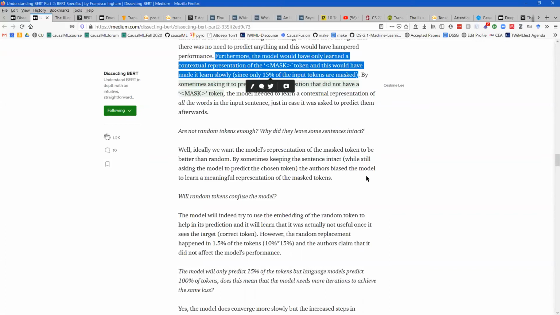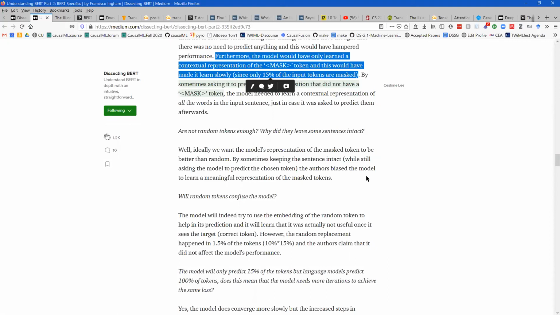Yes. It's the last 10% of random words versus the correct words that I don't quite get. Oh, okay, so I understand what Gautam said is that you need to force it to predict the context for all the words.